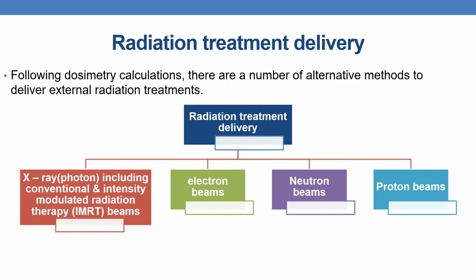Radiation treatment delivery can be X-ray or photon, which includes conventional and intensity modulated radiation therapy, which is nothing but IMRT. It can also be delivered by electron beams, neutron beams, proton beams or X-rays.